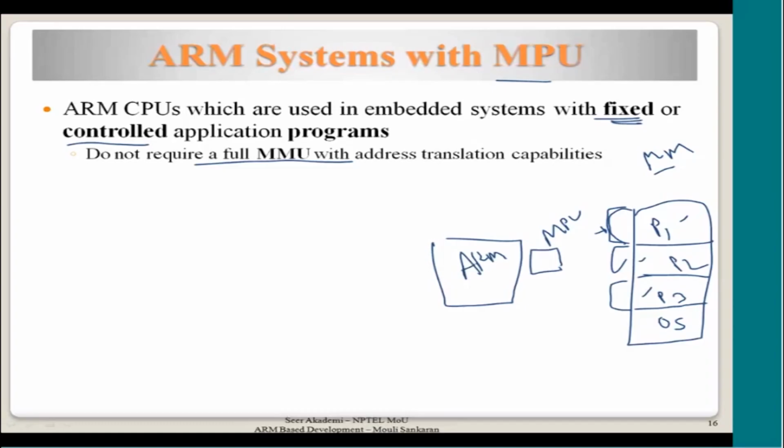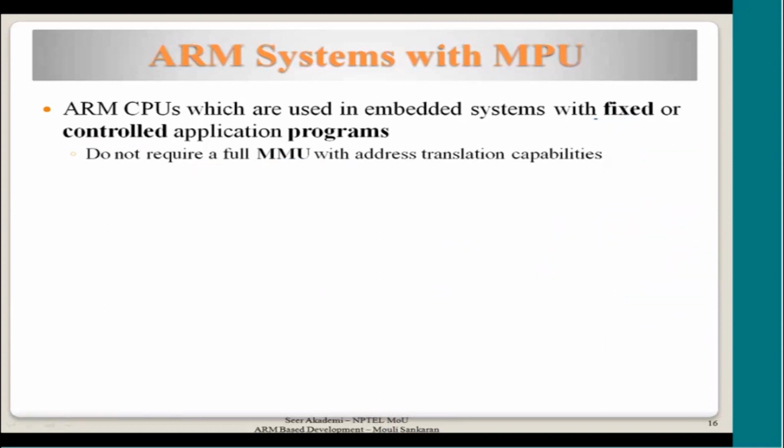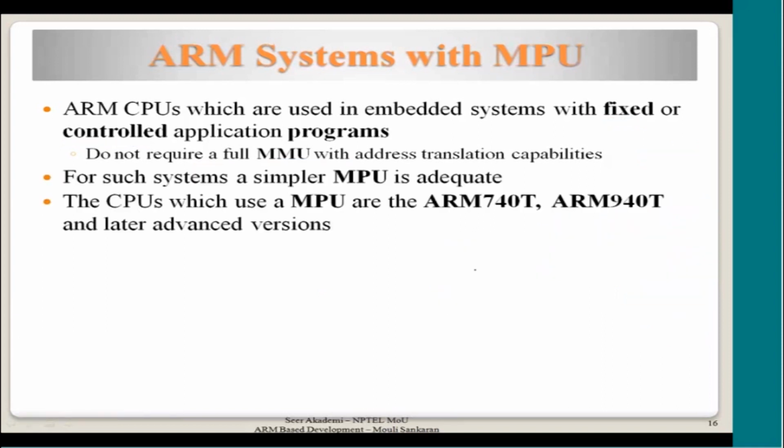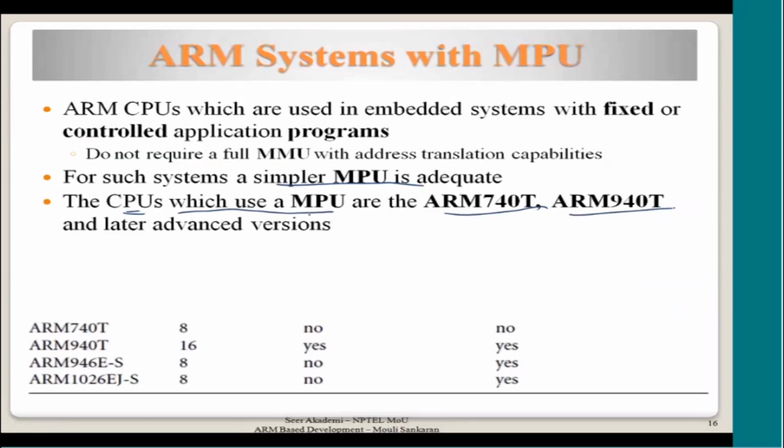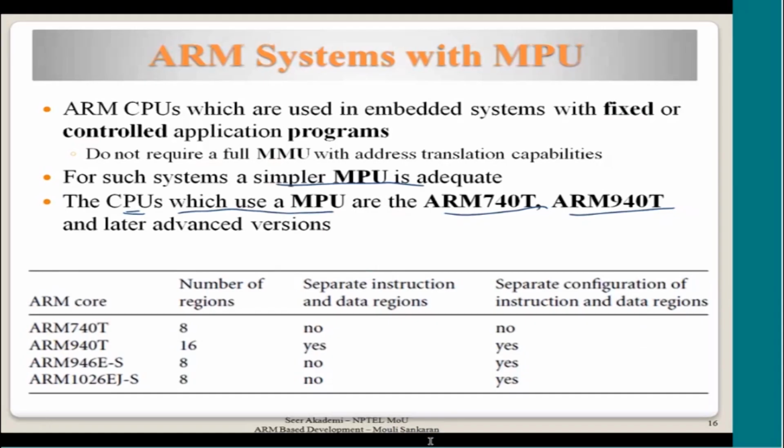That means it is not going to grow in terms of its memory requirement, and the functionalities are all well defined. So in this kind of scenario, we can do away with the MMU. For such a system, a simpler MPU is adequate. The ARM CPUs which use MPUs are these. Let me give you an overview now.